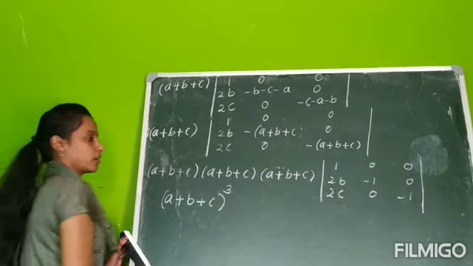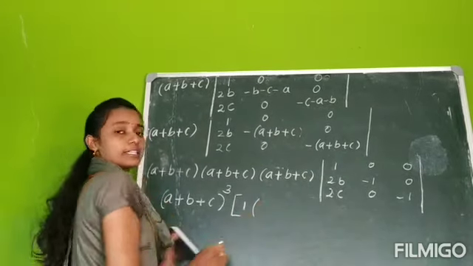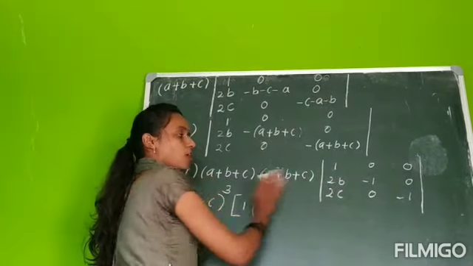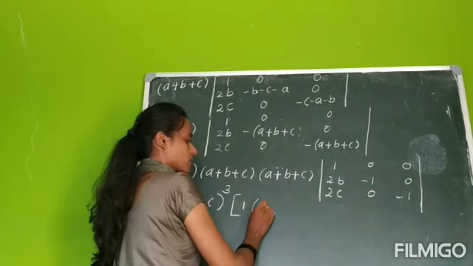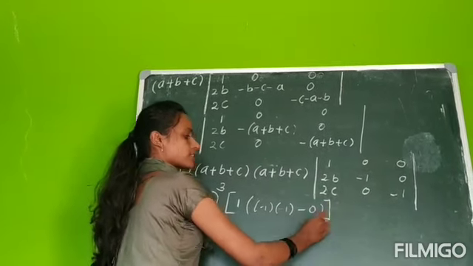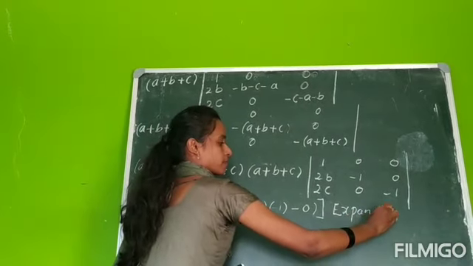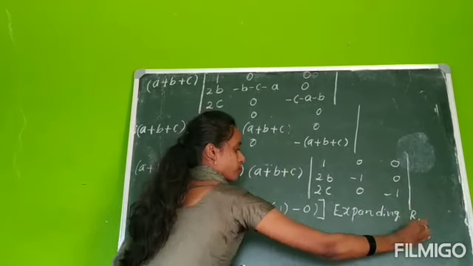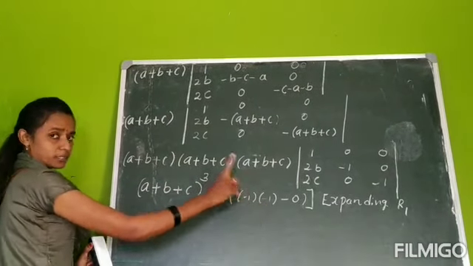Okay, here we can write 1 into, that is first row, first column I did, remaining is only these 4 elements, minus 1 into minus 1 minus 0. This is by expanding R1. Hope this is understood.